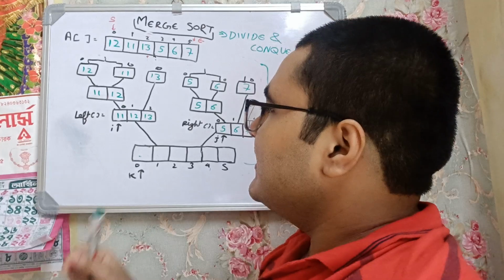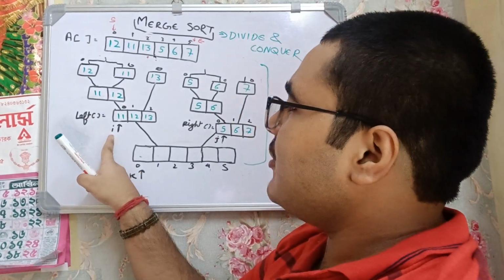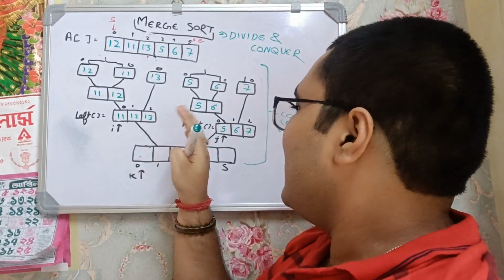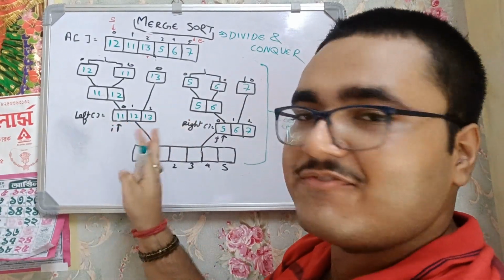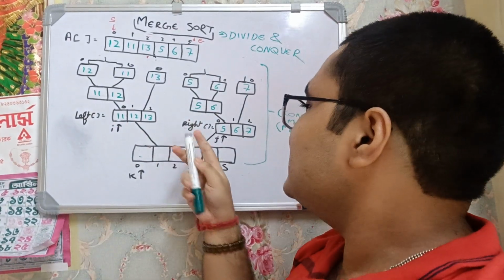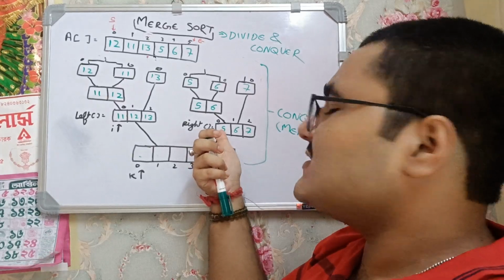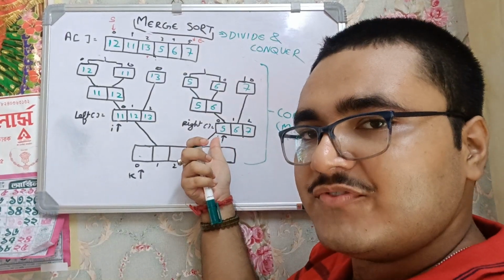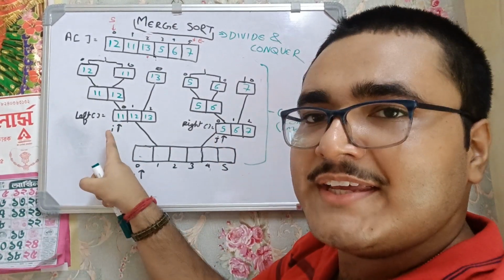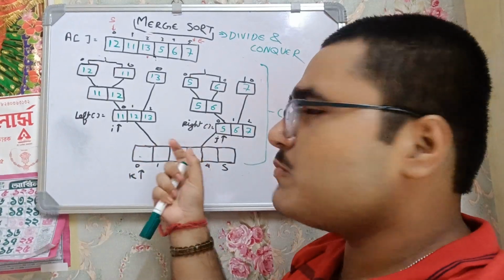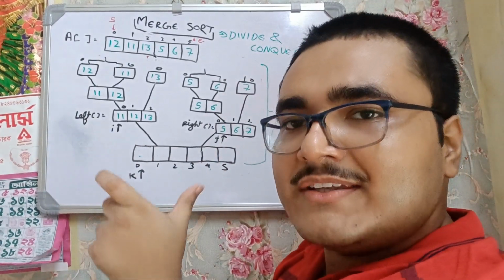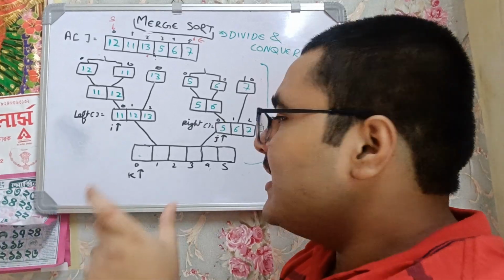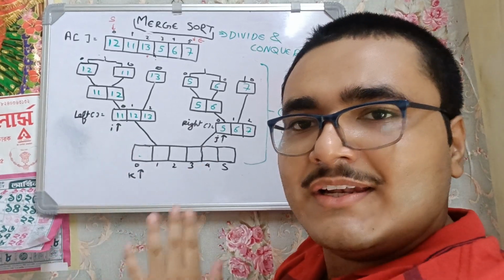If right of j is less than left of i, that is true. If j is presently pointing at 5 and i is pointing at 11, who is smaller? 5 is smaller. So right of j is smaller than left of i.